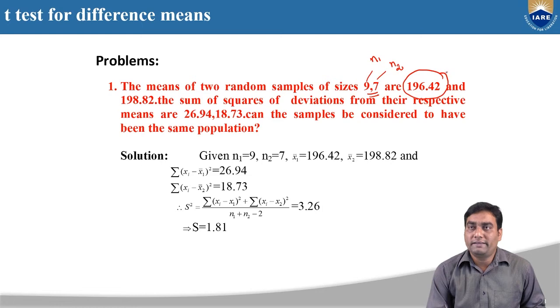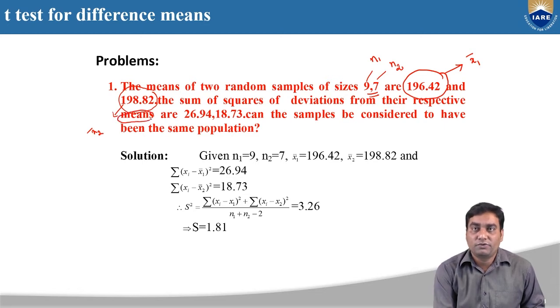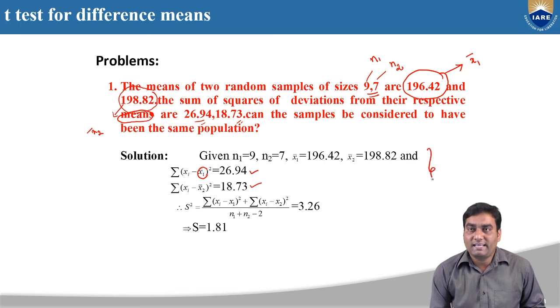The first sample mean is 196.42, which is denoted by x1 bar, and the second sample mean is 198.82, this is x2 bar. Also given are the sums of squares of deviations from their respective means, 26.94 and 18.73. The sum of squares of deviation from the first mean is 26.94, and from the second mean 18.73. So this data is given.